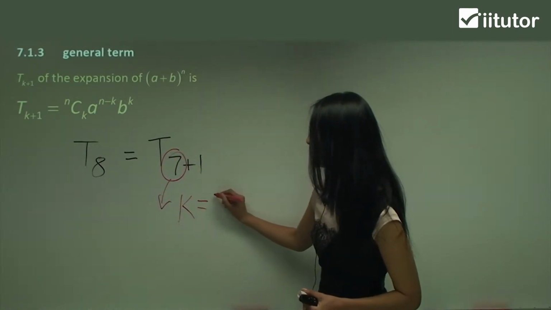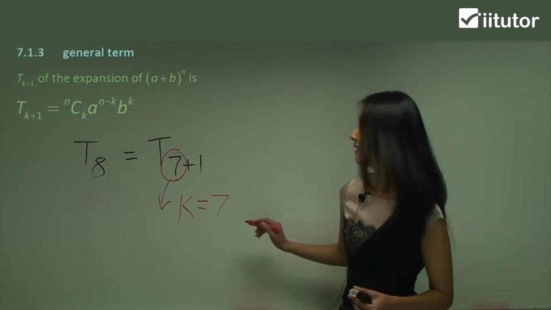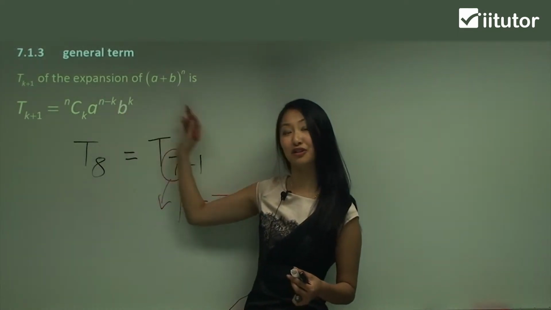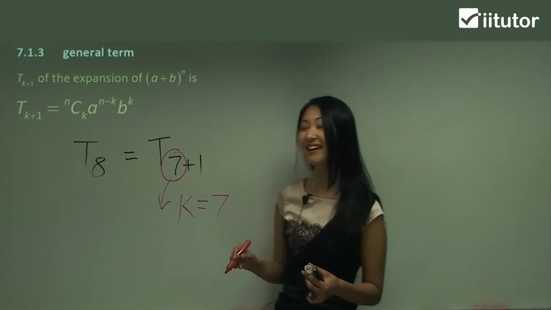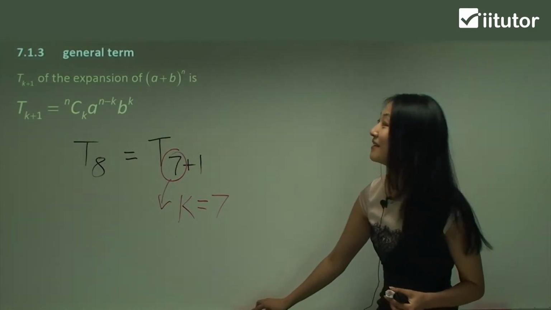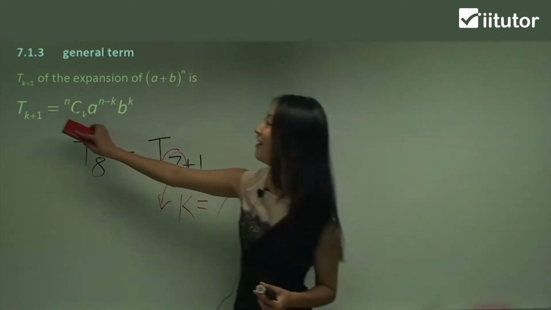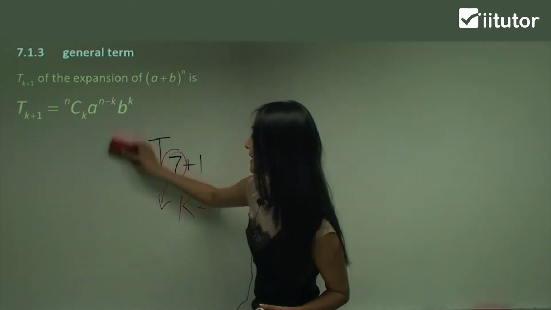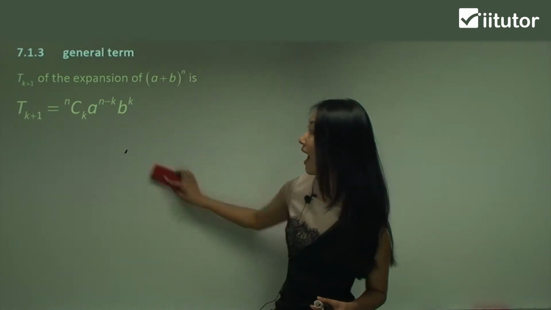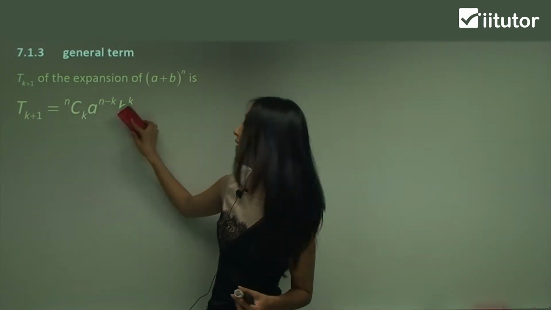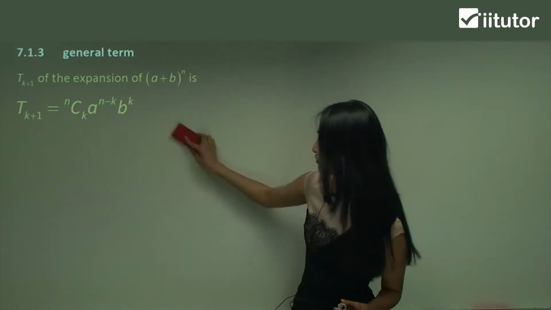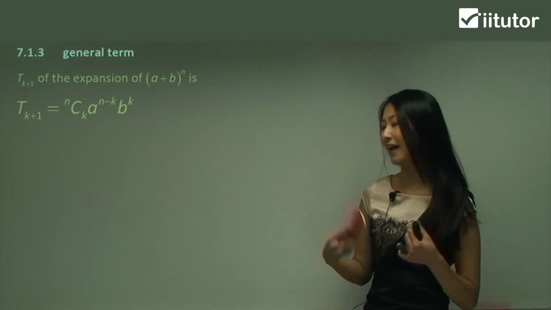So k equals 7. And it's that k that we need to be put into our expansion over there. So remember, the general term is T_{k+1} equals nCk, a to the power of n minus k, and then b to the power of k. I think that's pretty easy to remember because we've gone through why that is.